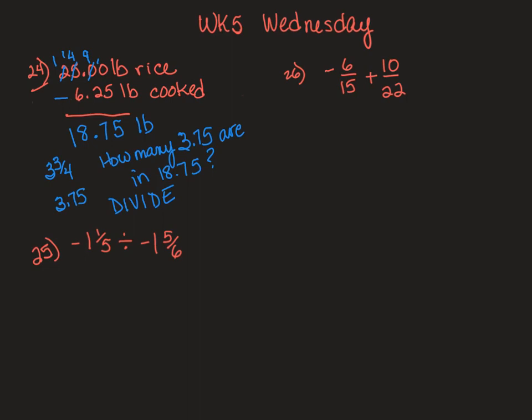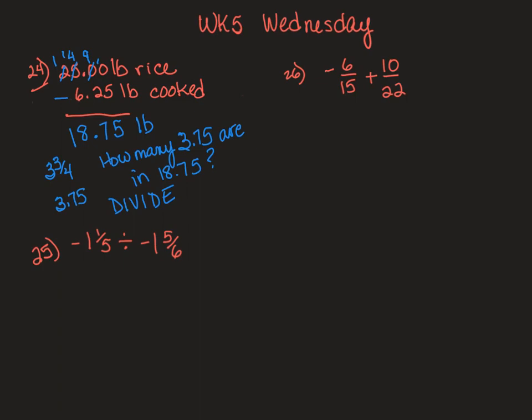25 is very similar to a problem we did yesterday when we talked about division with fractions. First thing I'm going to do is change these mixed numbers into fractions, because it is very complicated to try to get a reciprocal of a mixed number.